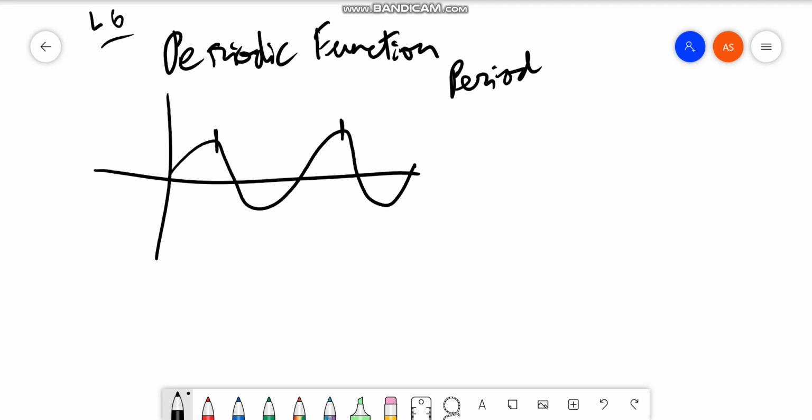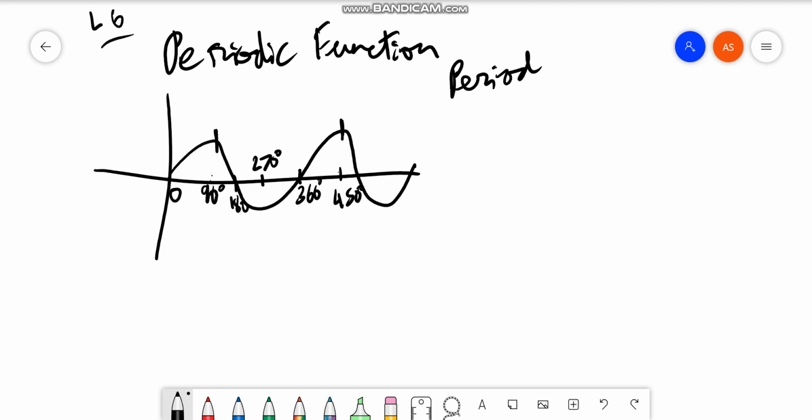So let's say this is 0, this is 90 degrees, this would be 180, this is 270 degrees, this is 360 degrees, and this is 450 degrees.